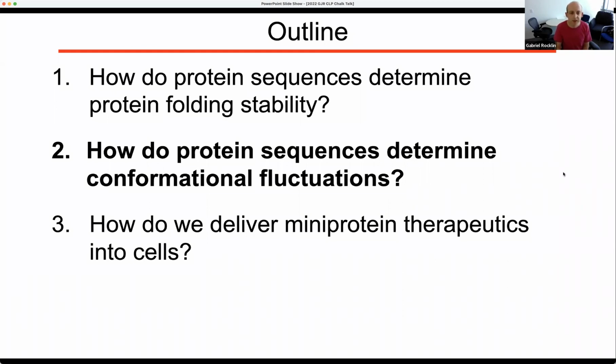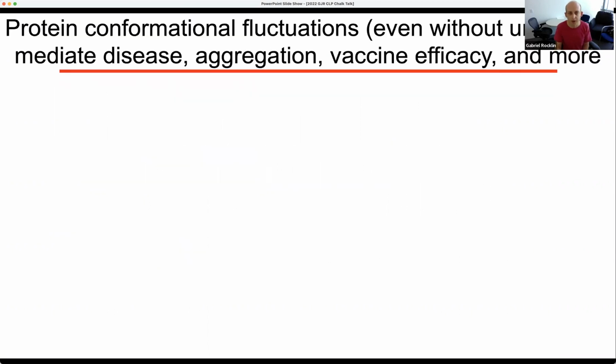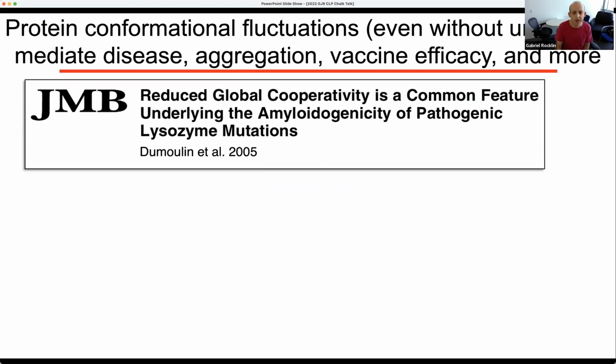Fluctuations have been really hard to study in a high throughput way in the past, but they're really important. I'm just going to give 3 quick examples of cases where fluctuations are really important. The first is a paper from 2005 that was studying mutants in the protein human lysozyme. Human lysozyme is an incredibly stable protein relative to the typical protein.